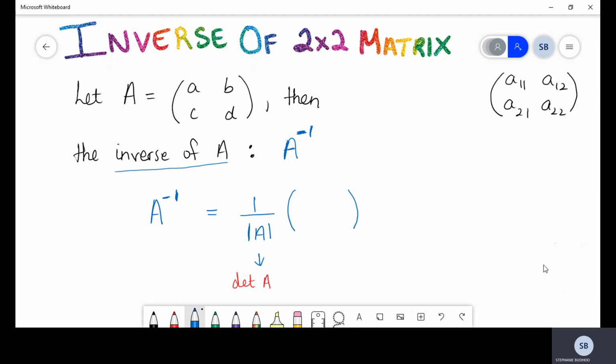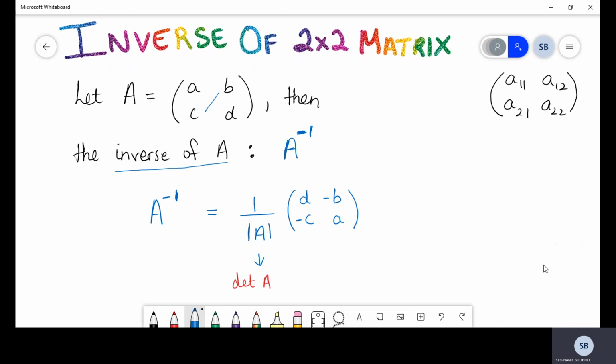What goes in brackets here are 2 steps. The first step involves an interchange of your leading diagonal. So we will change or switch up those values so that they are in opposite positions. And now what we are going to do secondly with our other diagonal, b and c, is that we are going to impose a change of sign.